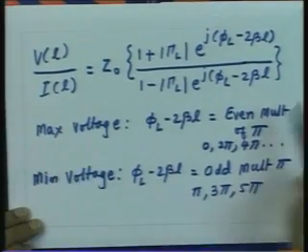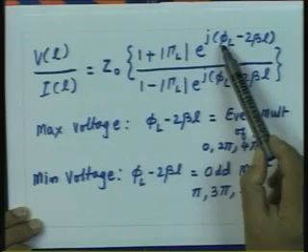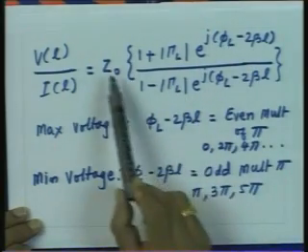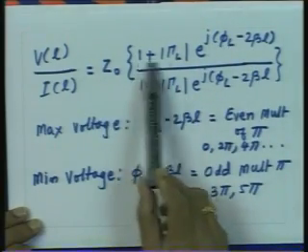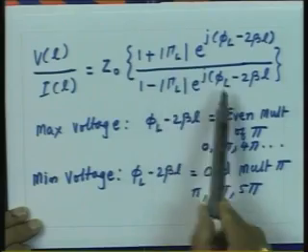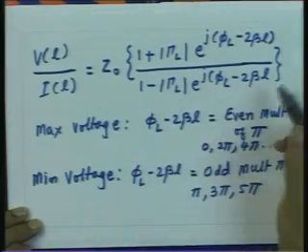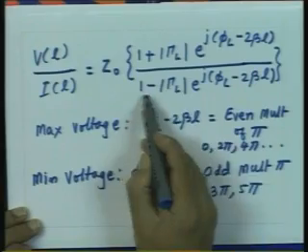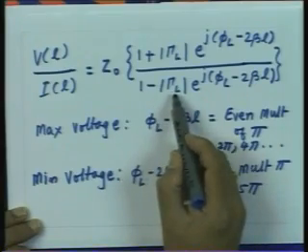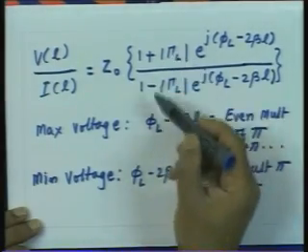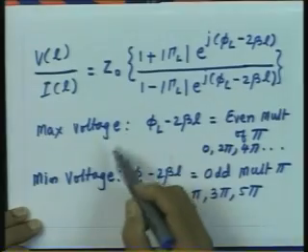So, when the voltage is maximum, this quantity is plus 1. So, Z0 is real now, this quantity is 1 plus mod gamma L, denominator this quantity is again plus 1. So, this quantity is 1 minus mod gamma L. So, the ratio of this quantity is a real quantity.